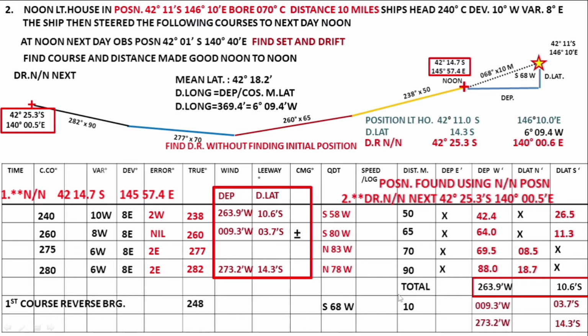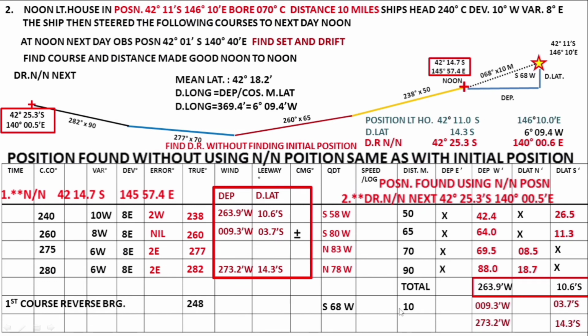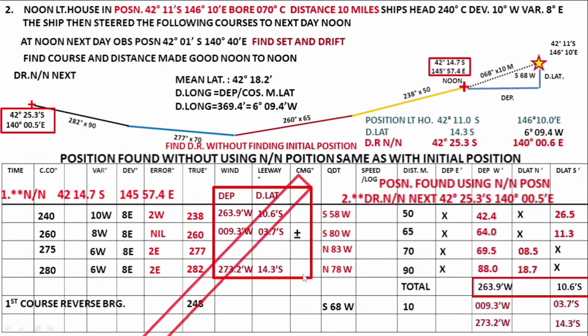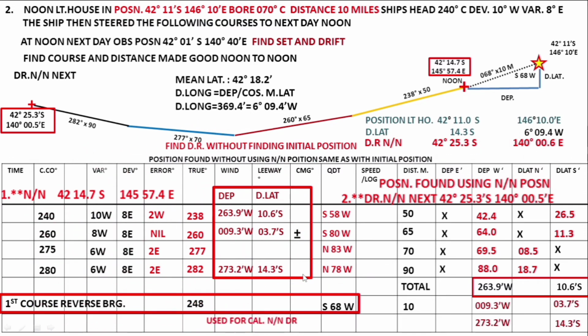So if you notice, the positions obtained from either of the calculations, either without finding your initial position or having found your initial position, are the same. So you can use any of these. I prefer to use this because I don't have to convert departure into D long twice. But I leave it to your judgment which one you want to use.